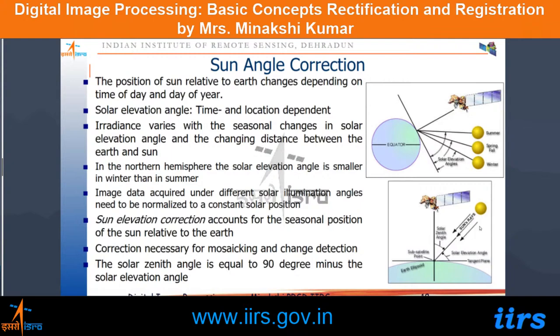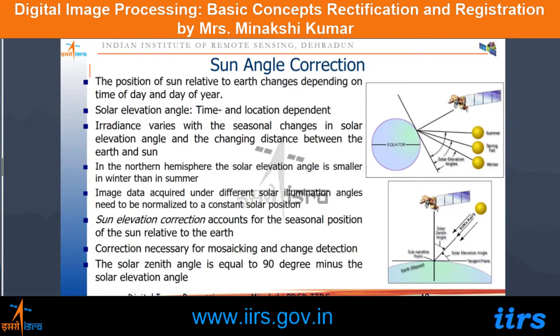That means the solar elevation angles are different, as I am showing here. The distance between the earth and sun is also different, so the amount of energy which is coming is also different. In the northern hemisphere, the solar elevation angle is smaller in winter than in summer. So the data we capture at different solar elevation angles will cause different illumination effects.